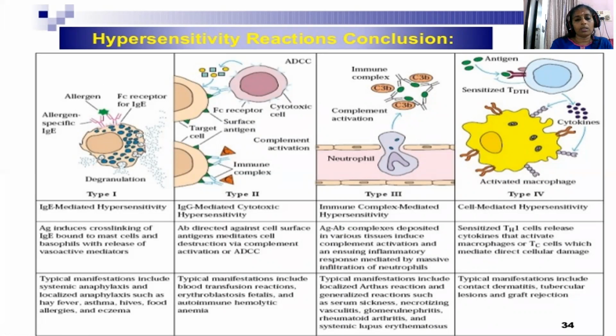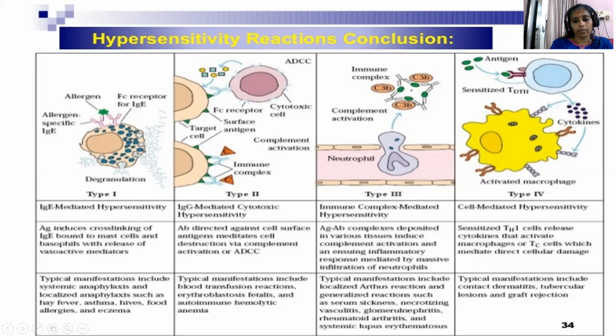Here the antibody binds to the antigen on the target cells, and the antigen-antibody complex is formed on these target cells. This is called a surface antigen. So this surface antigen is attached with the antibody and forms an immune complex, and this immune complex will activate the complement, and the complement mediated activation results in cytotoxic hypersensitivity reactions.